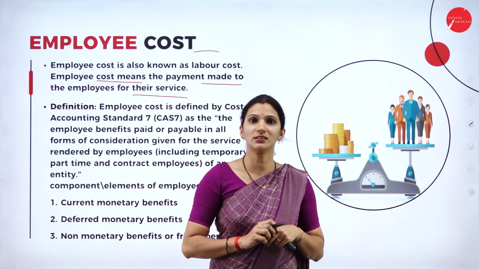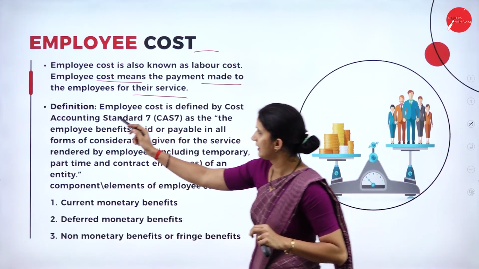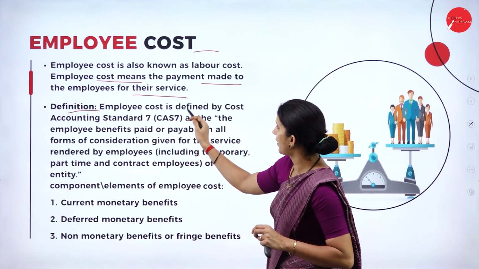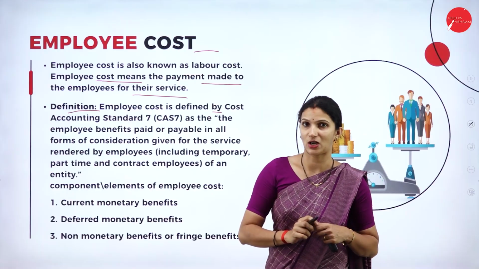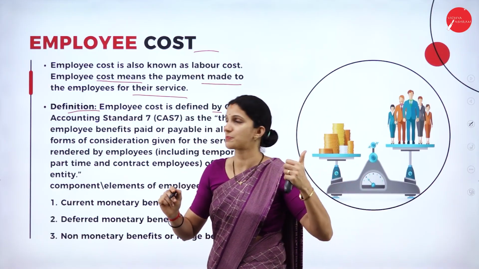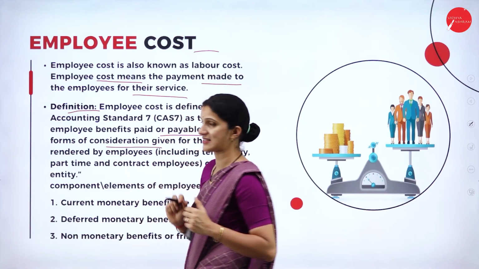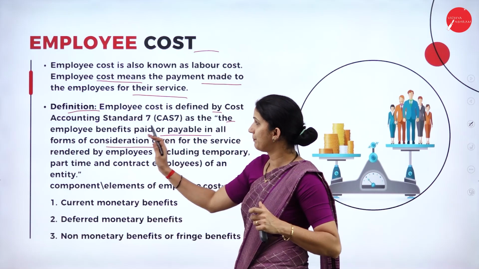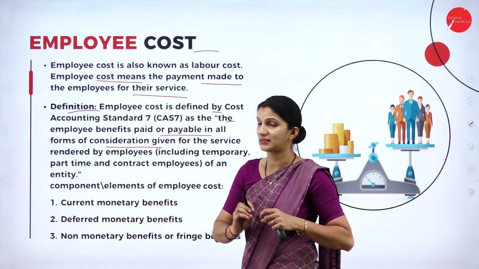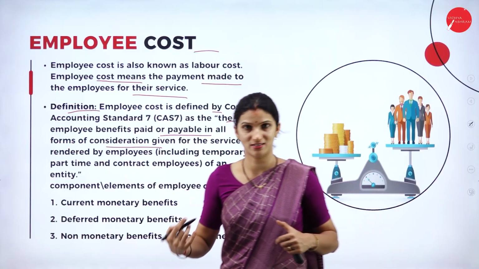That we call the labor cost or employee cost. Here one definition we have: employee cost is defined by Cost Accounting Standard 7 as the employee benefits paid or payable in all forms of consideration. So here employee cost is defined as the benefits paid to the employees in all forms of consideration.